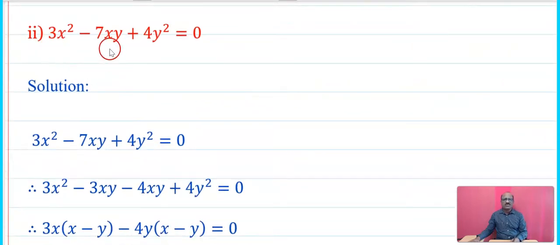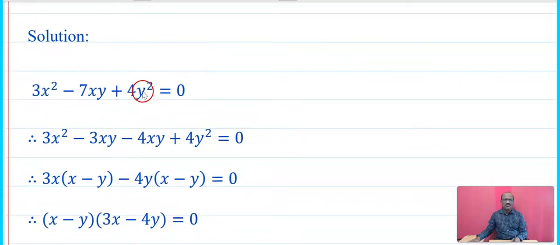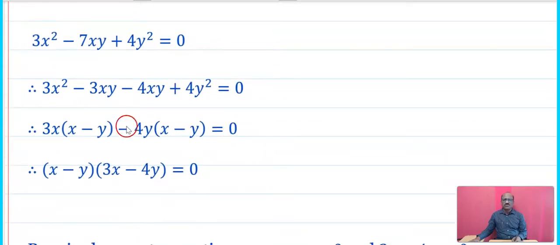Next, 3x square minus 7xy plus 4y square is equal to 0. Again, the product of the first and last term is 12. Then what will be the two terms? That is minus 3 and minus 4. Therefore, it is 3x square minus 3xy minus 4xy plus 4y square is equal to 0. Now from this we will take 3x common, then in the bracket x minus y, and from this you can take 4y common, then in the bracket you will get x minus y.